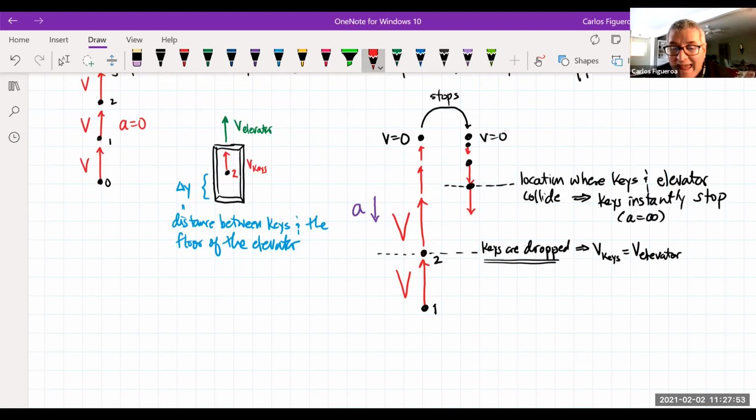But it can't. And the reason why it can't is because the keys and the elevator are moving at the same speed. Because if you're stationary on an elevator and the elevator's moving up, everything within the elevator must be moving at the same speed. The only way the keys could be moving faster is if you take the keys and you throw them up with some initial speed. But in this question, it says that you drop the keys.